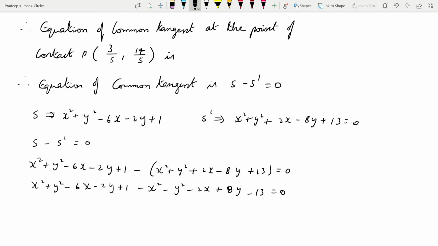Let's cancel the similar terms: plus x square minus x square cancel, plus y square minus y square cancel. Minus 6x minus 2x is minus 8x. For y, minus 2y plus 8y gives plus 6y. The constants, minus 13 plus 1, give minus 12 equals 0.